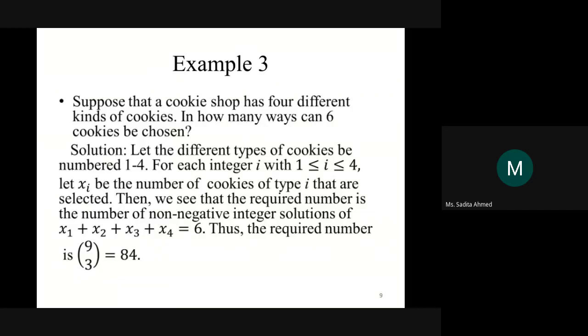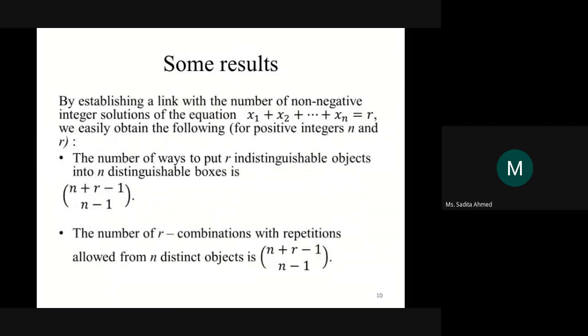All right. For example, we say that if you have a certain problem where you have to count the total number of ways to put r indistinguishable objects into n distinguishable boxes.